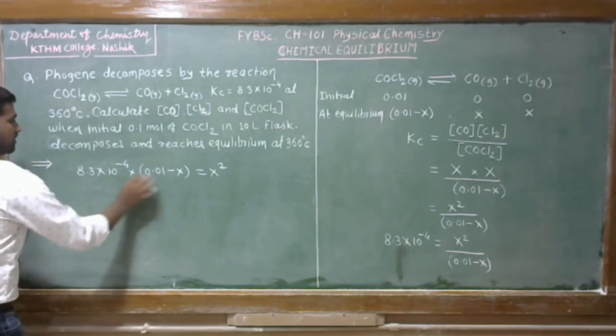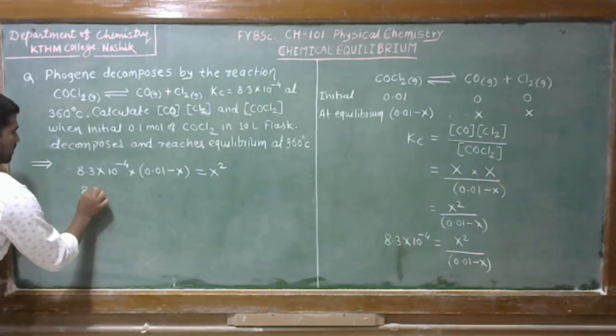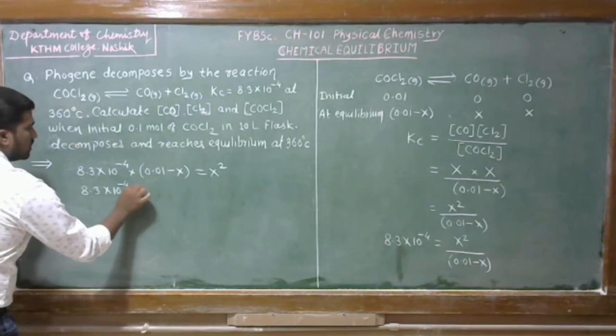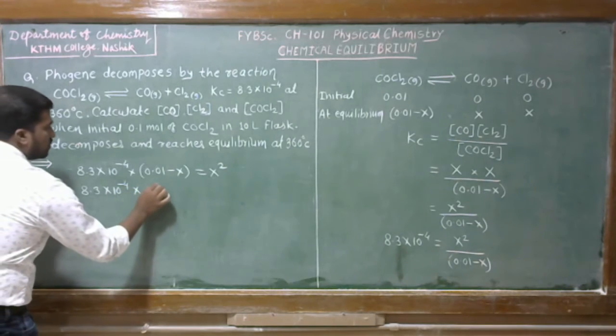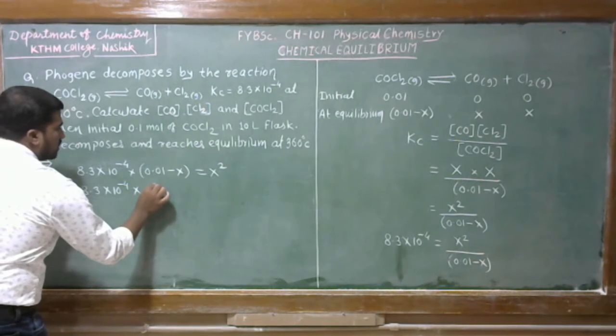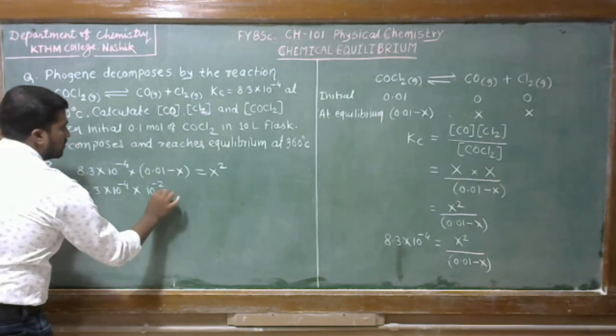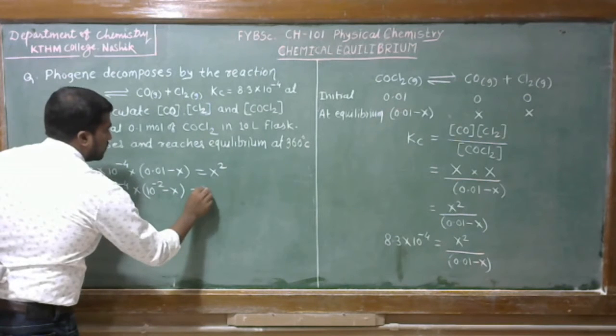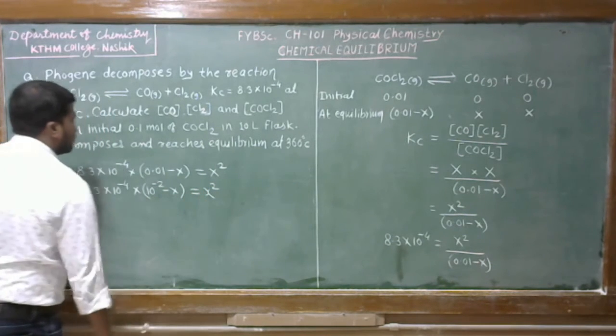We can write 8.3 into 10 raised to power minus 4 into 10 raised to power minus 1 minus X is equal to X square.